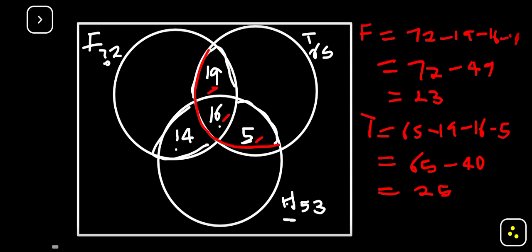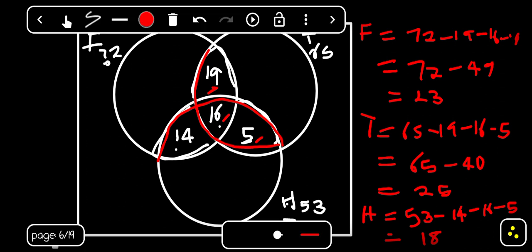Then for Hallmark Bank, we'll have 53 minus everything here: minus 14, minus 16, and we'll subtract 5 also. So that will be 53 minus 35, and that will give us 18. Okay, so now we've gotten the individual banks.